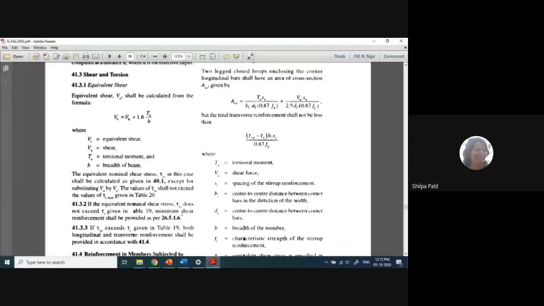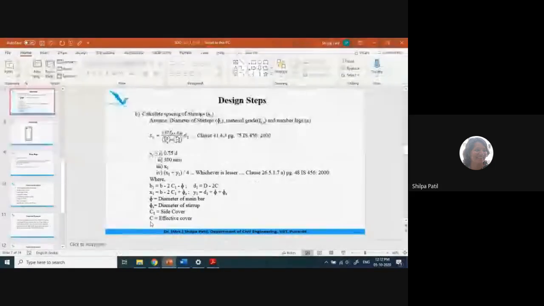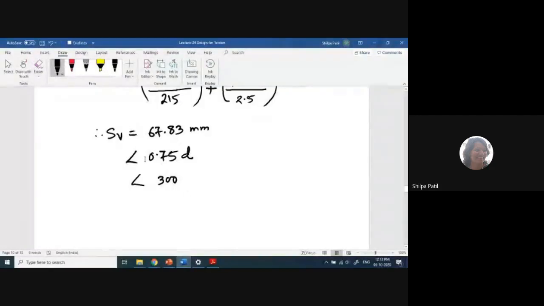So I will go to the steps over here. Whichever is lesser. So we have to find out all these 4 criteria: 0.75D, 300, x1, and x1 plus y1 by 4. So I will simply write down here smallest of.